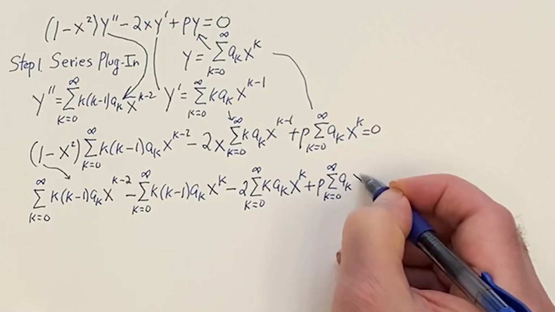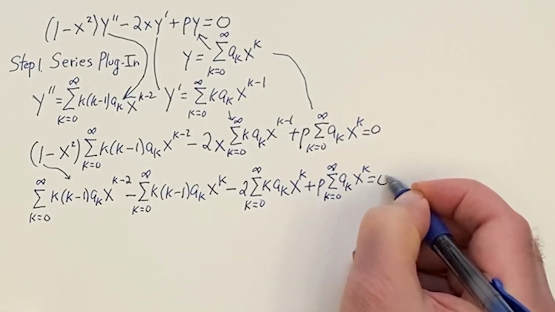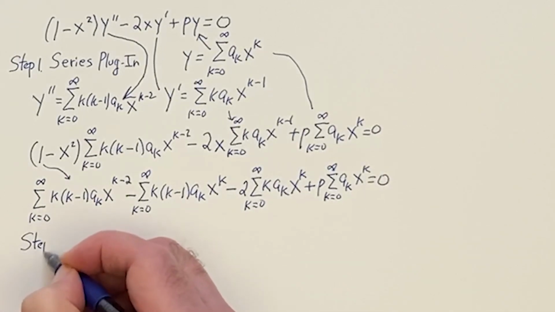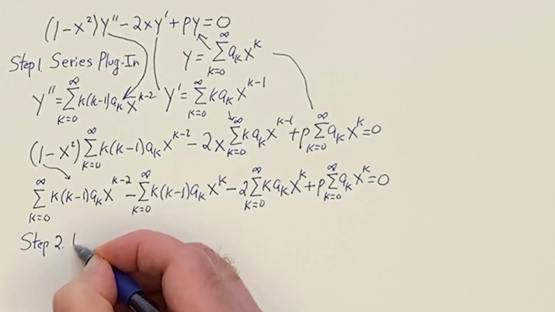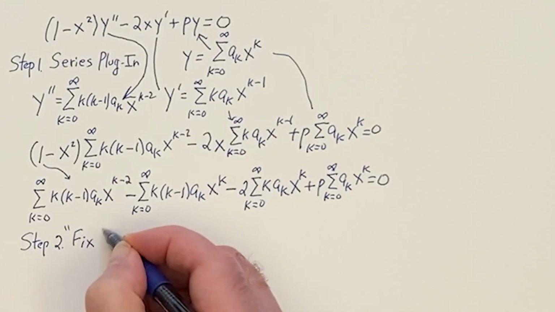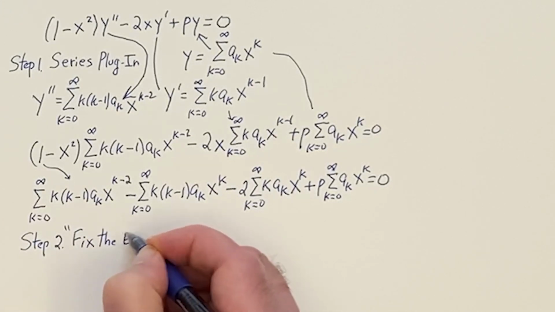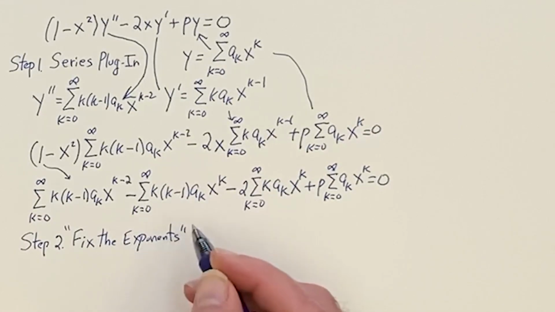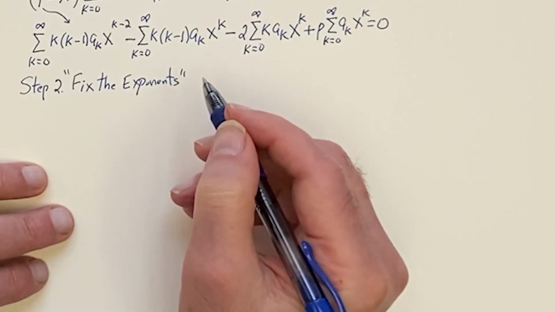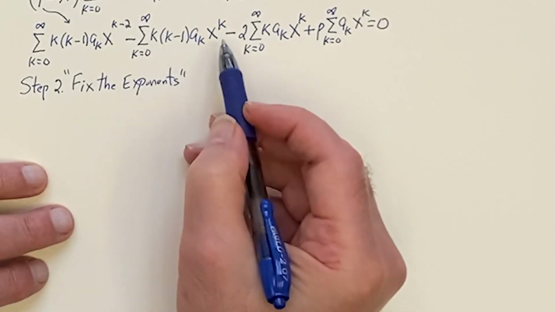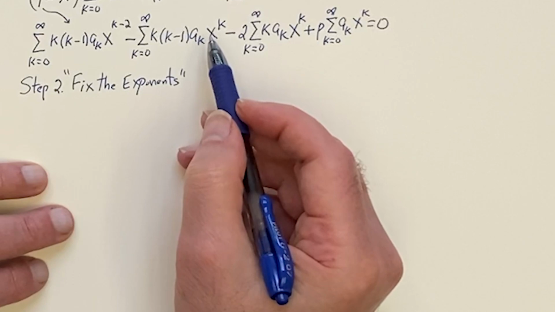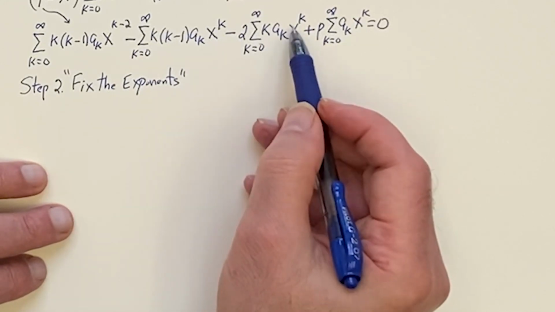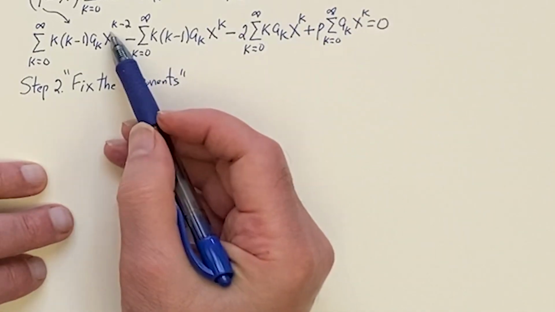Okay, now I go to step 2, fix the exponents. So here I want all the exponents to be the same power. Now I have x to the k, x to the k, x to the k, they're all good. This is the problem one.